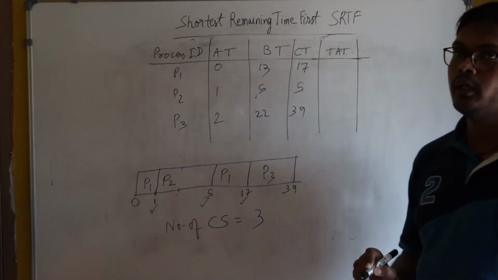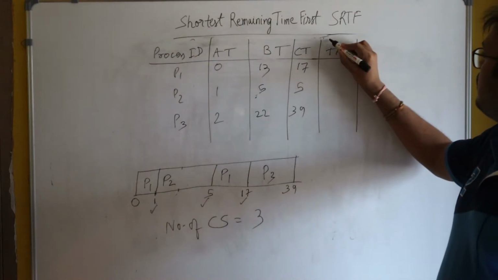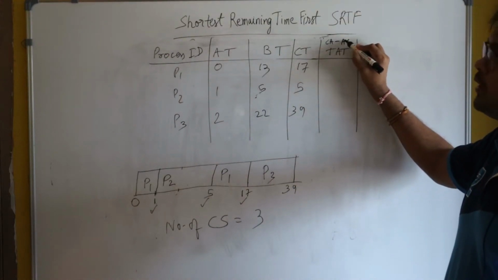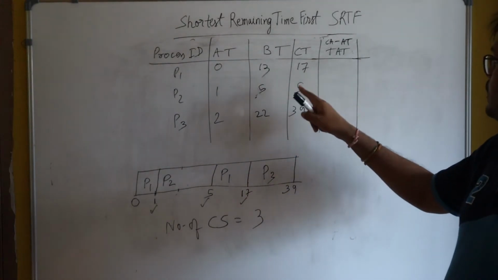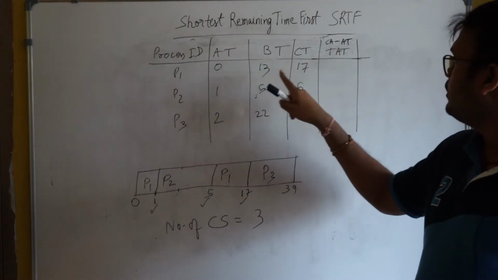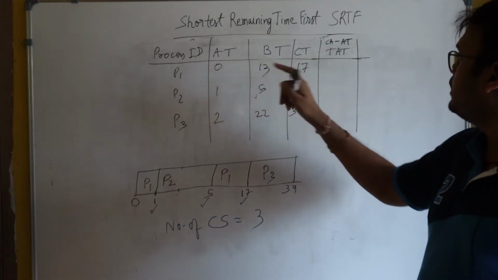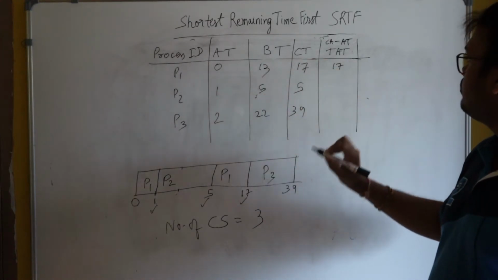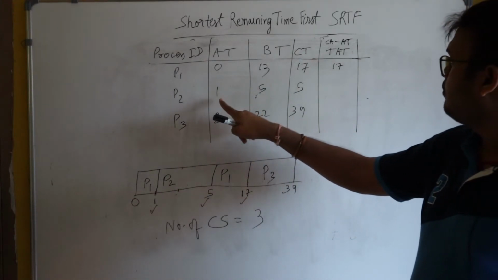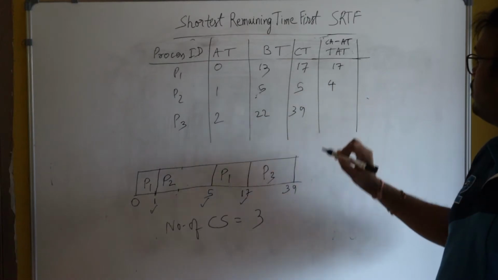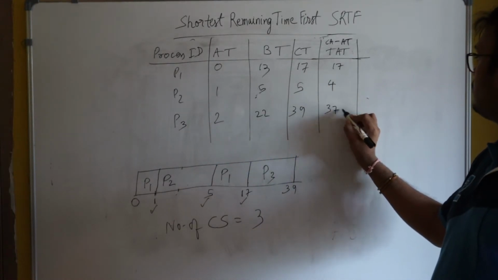What is the formula of turnaround time? Completion time minus arrival time. So for P1, 17 minus 0 is equal to 17. For P2 it will be 5 minus 1, 4. For P3 it will be 39 minus 2, 37 seconds.